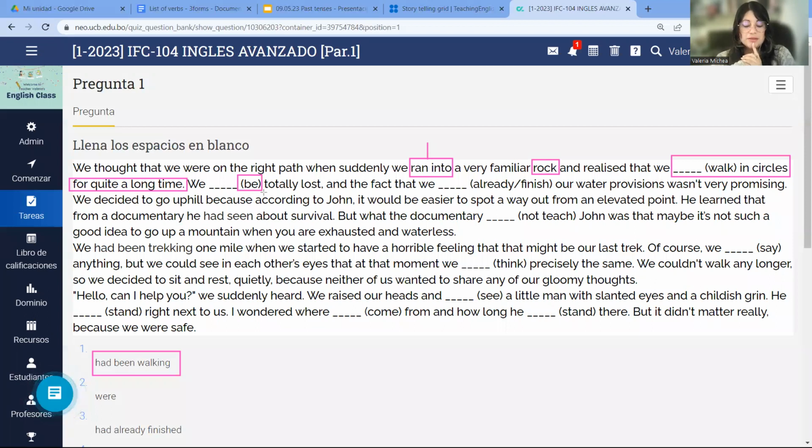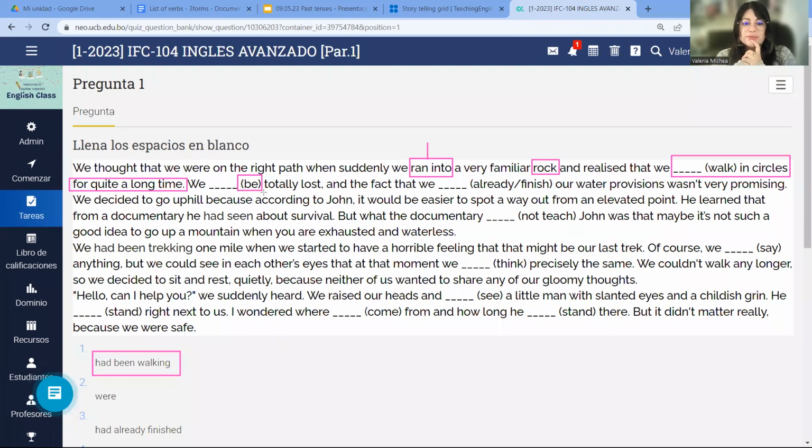Then the verb to be in the continuous form, we were being, could be possible. It's not totally impossible, but it's not so common, so I don't recommend it really. So we only have two options. We were, past simple, or we had been. We had been totally lost.